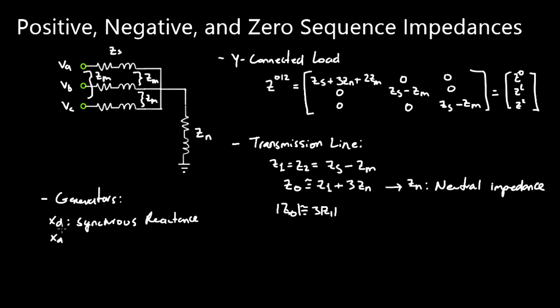Then you have the transient reactance and the subtransient reactance. So XD prime and XD double prime. So those are transient and the subtransient reactance.